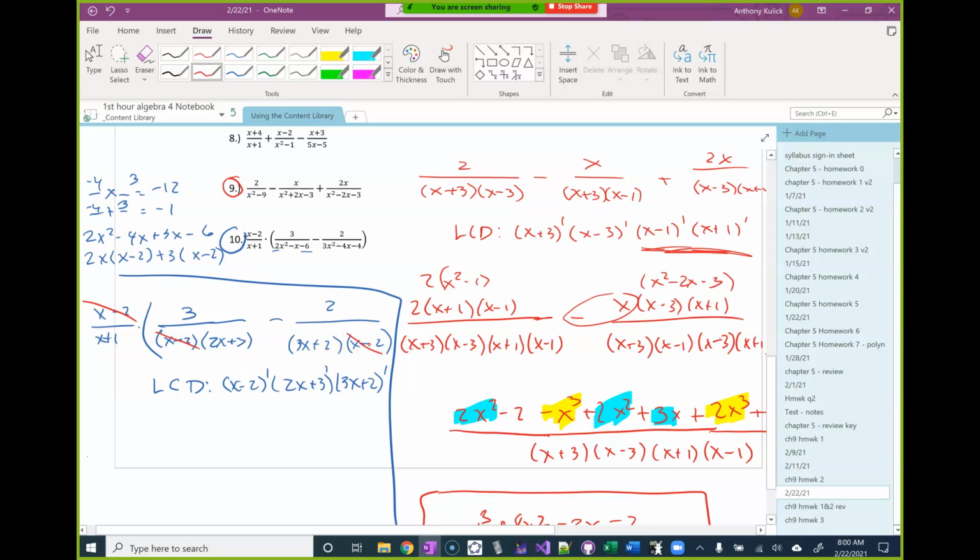So when we distribute that through, I can just cancel the x minus 2's here and save myself a little bit of grief. If you didn't do that at this step, that's okay. You'll get it later on. But it just makes the problem a little bit smaller right away, which is nice, right?